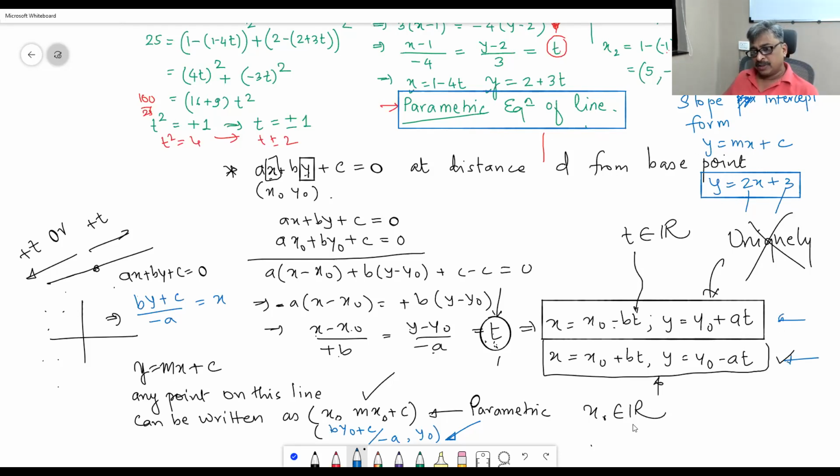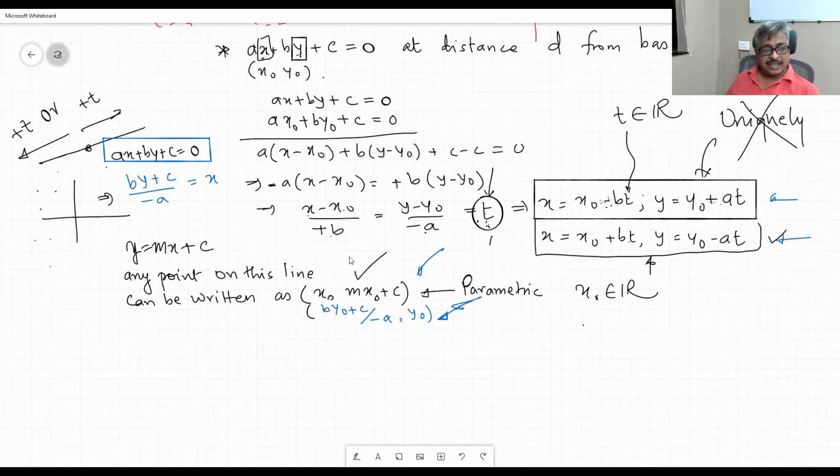These are two different expressions for the same line. Do you understand? For ax plus by plus c is equal to 0, these are two different parametric equations for the same line. So right now for this line, I have 4 different ways of writing the parametric equation and all 4 are correct. If you take any two of these points and find the slope, you will get exactly the same slope, minus b by a. In this case also. As you solve more problems, you will start understanding what we mean by parameter.